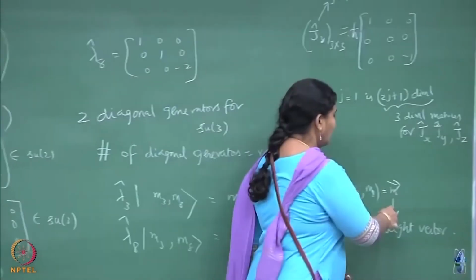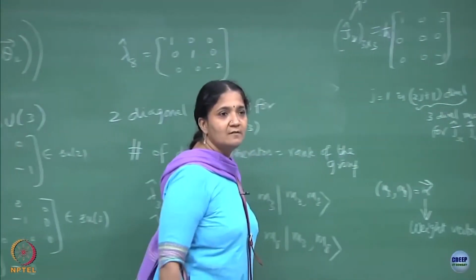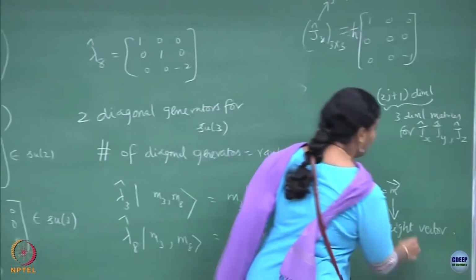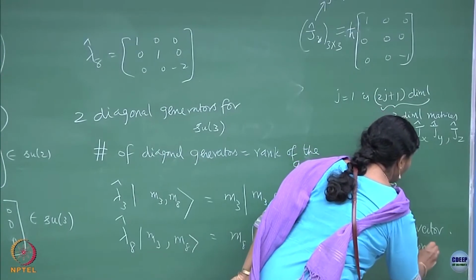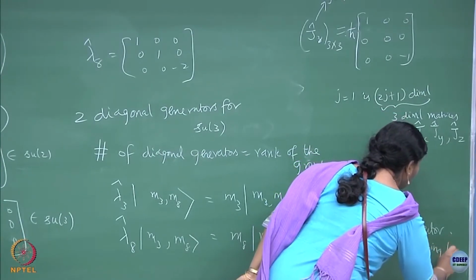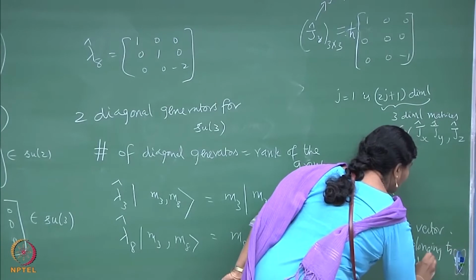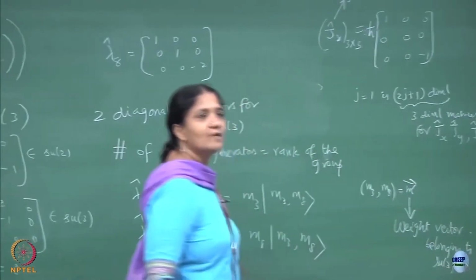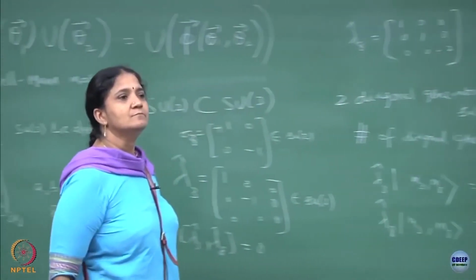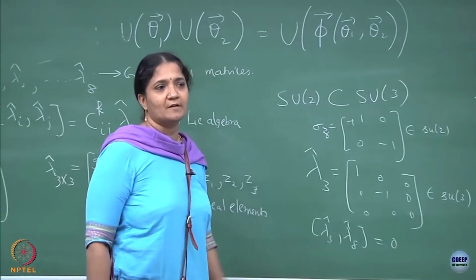Okay, so this is just a two component vector, weight vector belonging to SU3, okay, belongs to SU3, the two component.